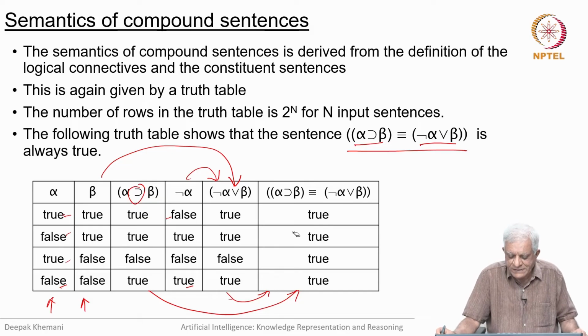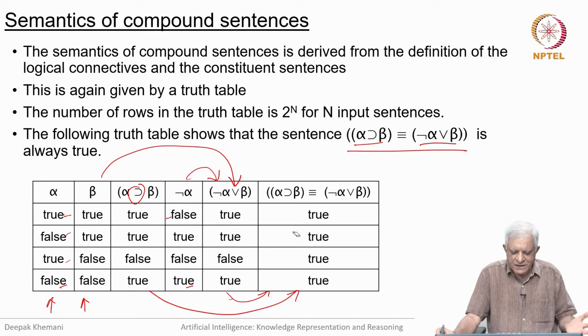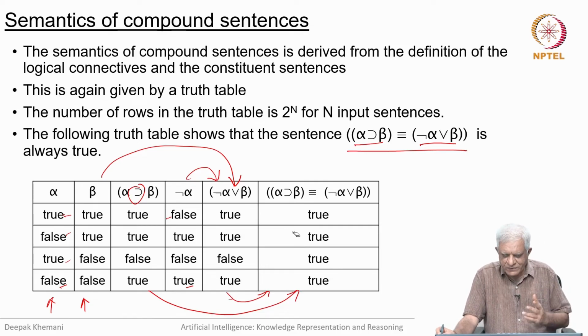And we can say in this example that this sentence is true irrespective of whether alpha is true or false, or beta is true or false. In all 4 cases of those values of alpha and beta, this sentence is true. So, this is one of those interesting sentences which is always true.